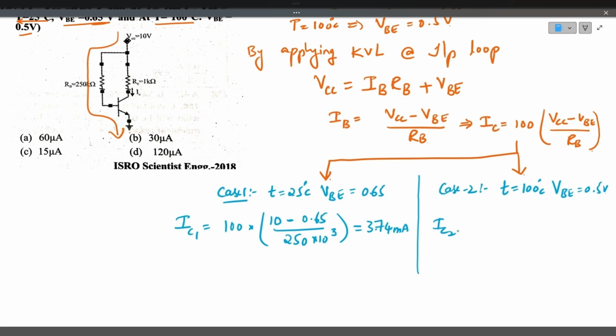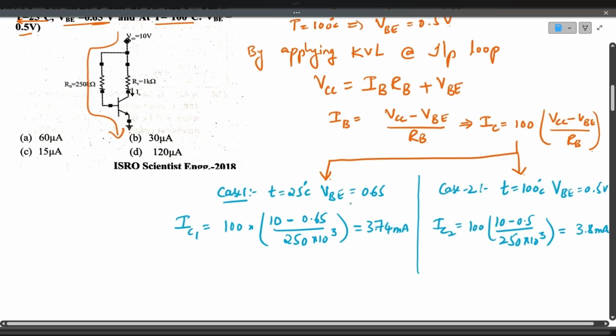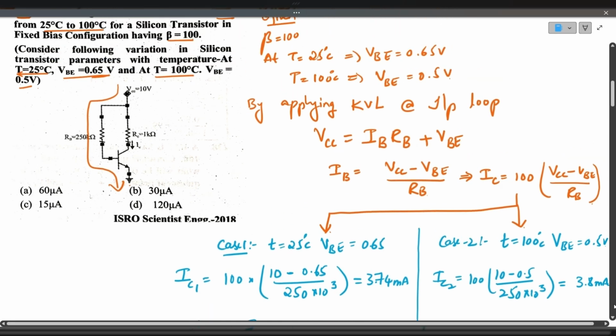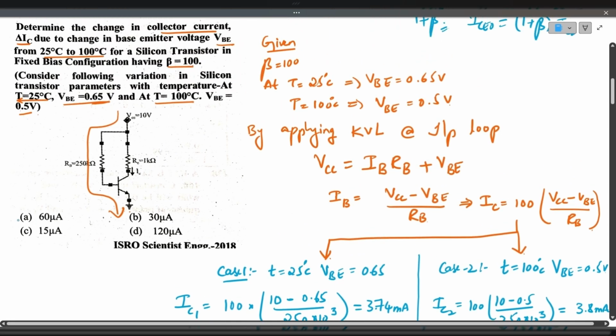Similarly, IC2 is equal to 100 multiplied by 10 minus 0.5 divided by base resistance 250 kilo ohms. So you will get IC2 as 3.8 milliamps. The difference in collector current, delta IC, is IC2 minus IC1, which is 60 microamperes. So here the answer is option A.